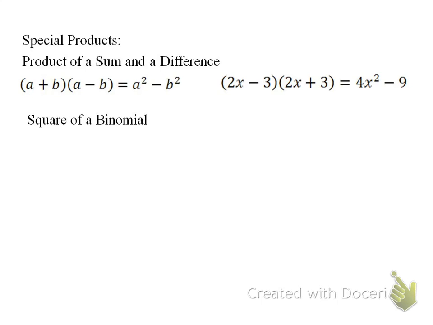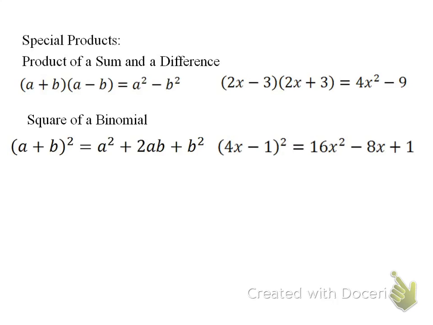Here's another special product, the square of a binomial. If you have a binomial like a plus b squared, it's going to be your a term squared plus 2ab plus b squared. Here it is with some real numbers.